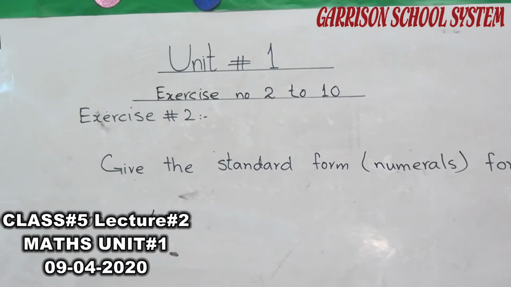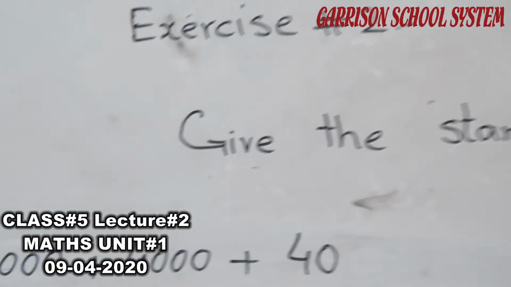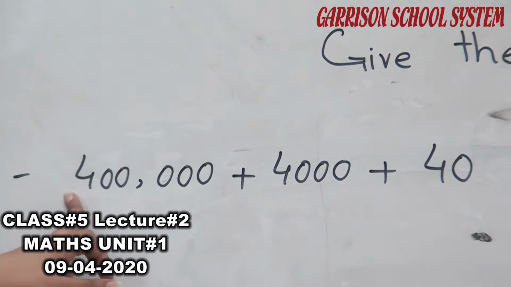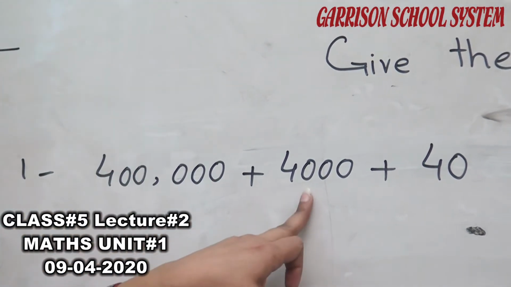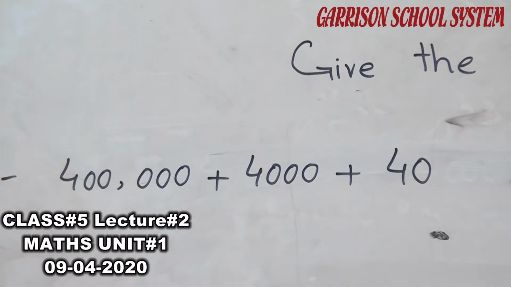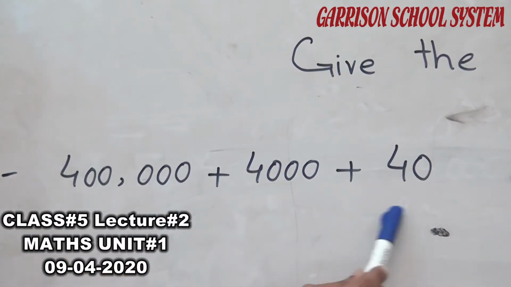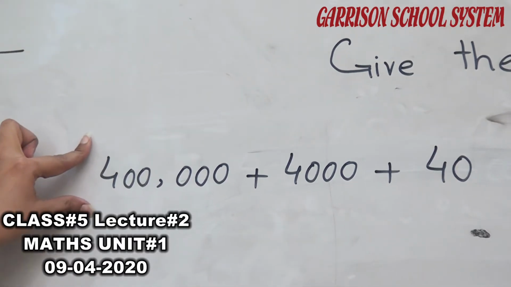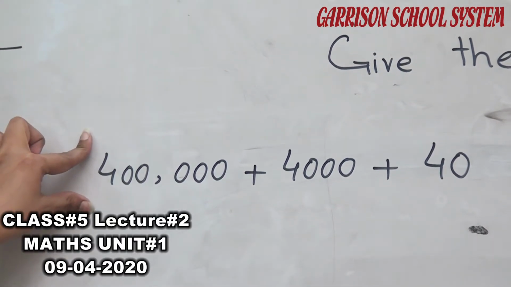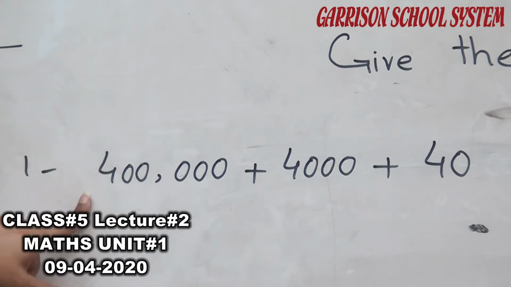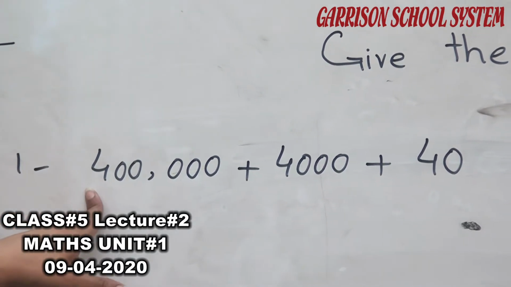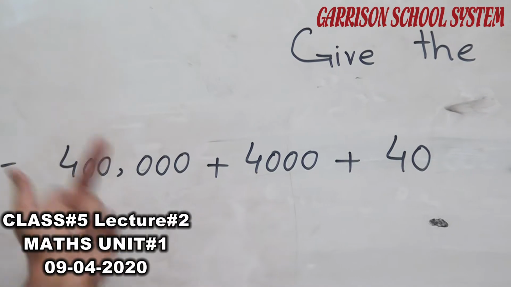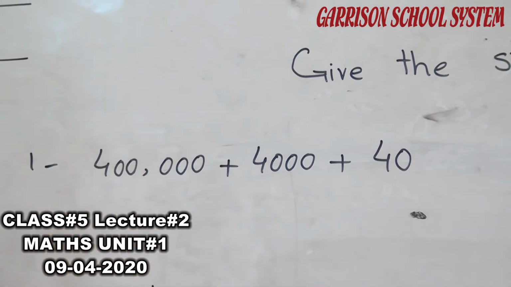So here is exercise number 2, question number 1: 4 million plus 4,000 plus 40. Can you tell me what form this is? This is the expanded form. So what can we do now? We will write this expanded form in standard form, which means we have to convert.